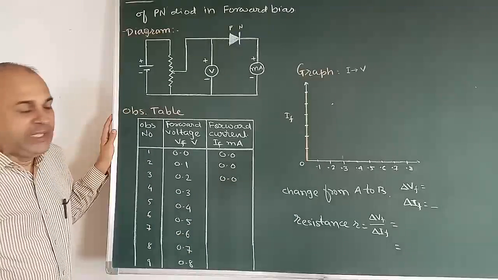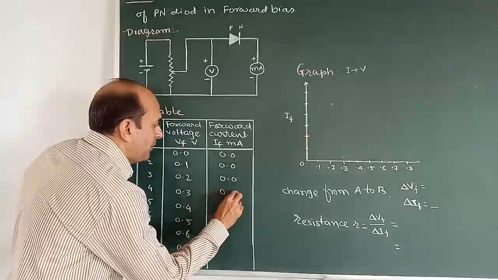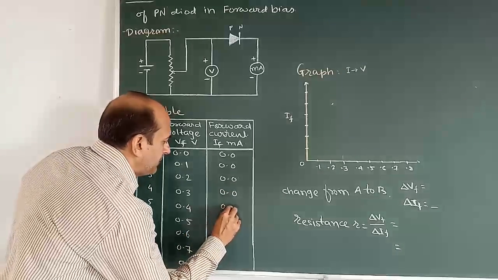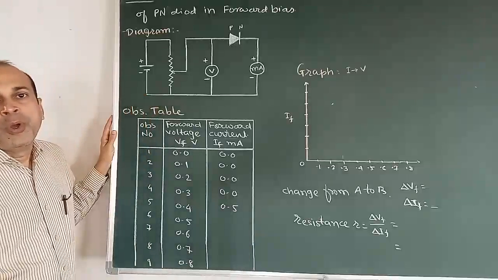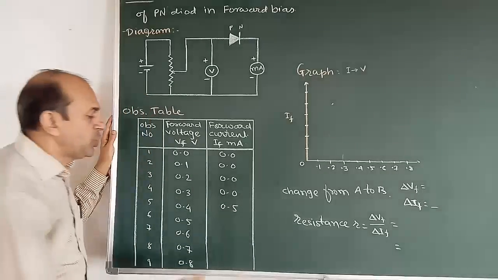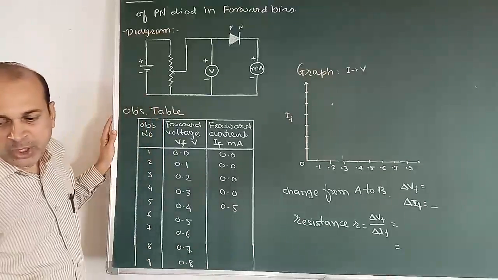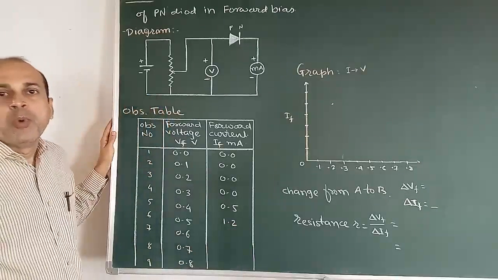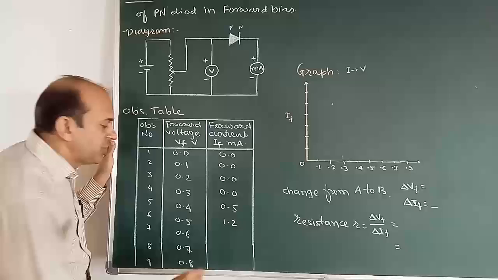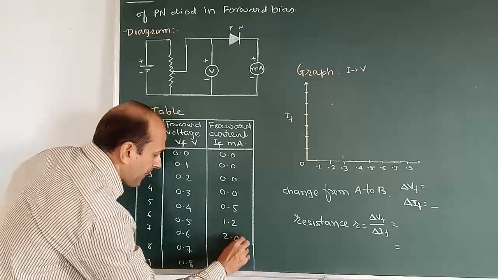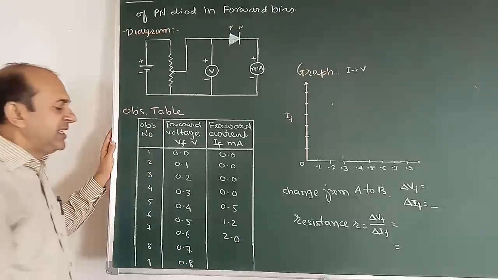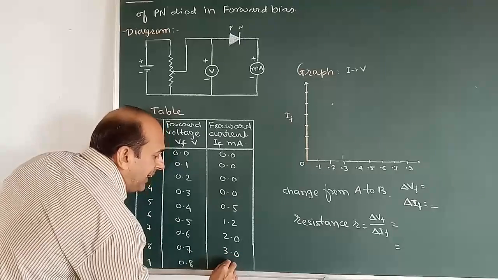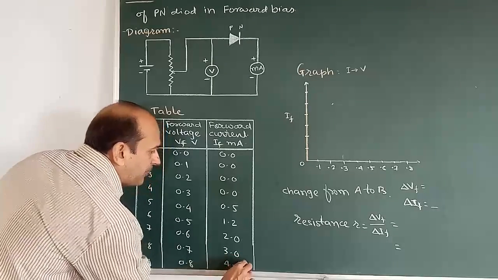For 0.3 it was 0, and for 0.4 it was 0.5. For 0.5 voltage it was 1.2. For 0.6 the reading was 2 mA, and for 0.7 it is 3, and for 0.8 it is 4.0.